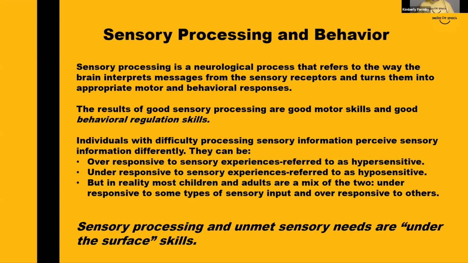If a child or an individual is overly responsive to sensory experiences, sometimes we call this hypersensitivity. And if they're under-responsive to sensory experiences, sometimes this is referred to as hyposensitivity. And I'm going to give you some examples as we go along as to exactly what this might look like.